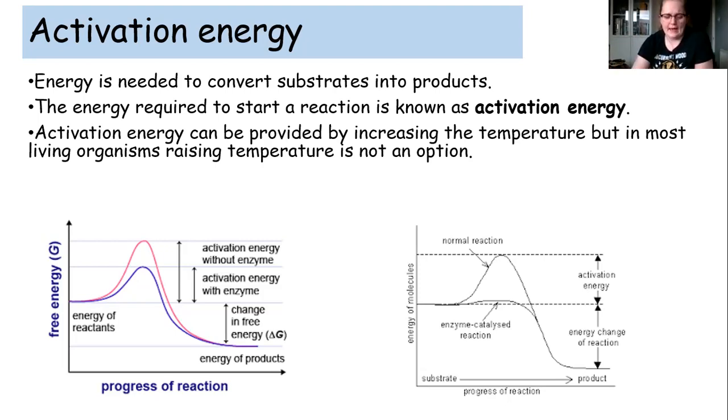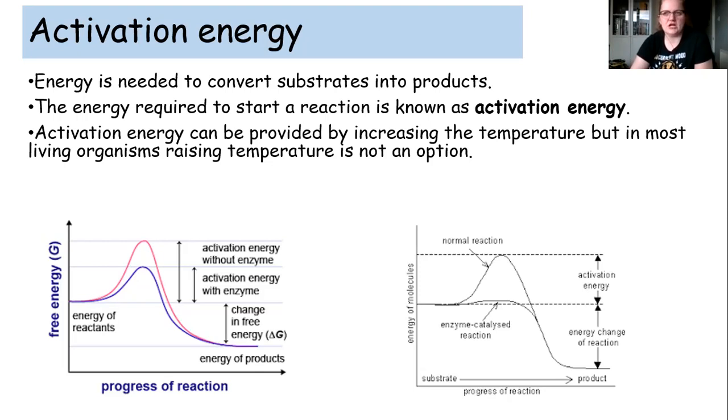It's not a useful way for us to reach activation energy. Some chemical reactions that we would do, not in biology but in chemistry, you can actually just increase the temperature to increase the rate of reaction, because the activation energy is reached. But in organisms, most of the time, that's not really an option. We can't actually do that.